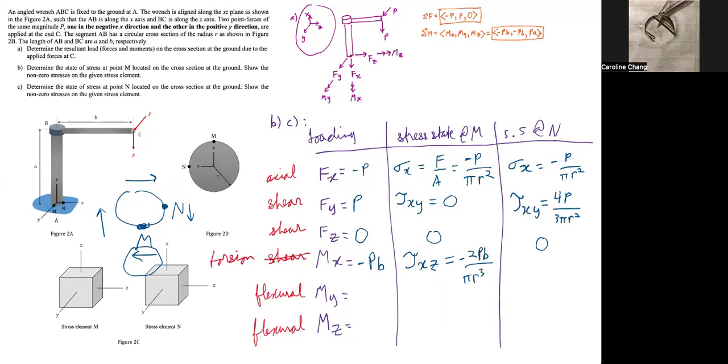And for the stress state at n, it's going to be given by the same torsional formula. At n, it's pointing in the positive y direction, so the shear stress at that point will be positive.